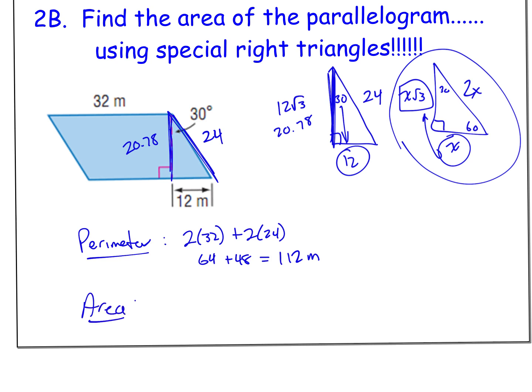Area becomes 32 times 20.78. So I get that to be about 665.11 rounded meters squared.